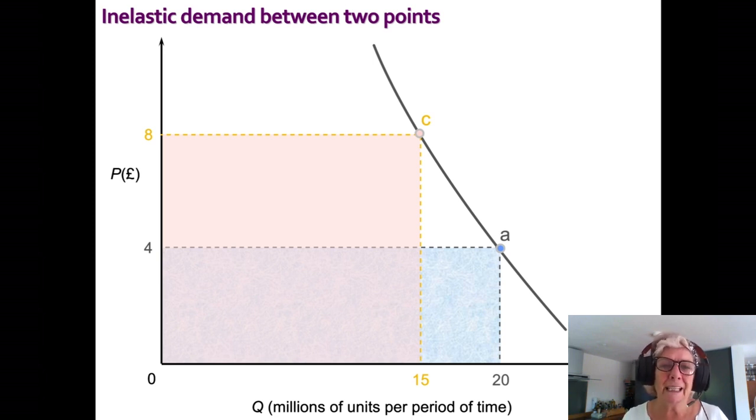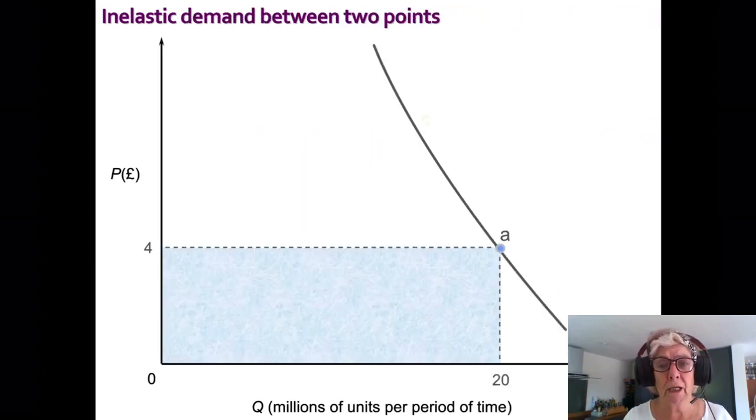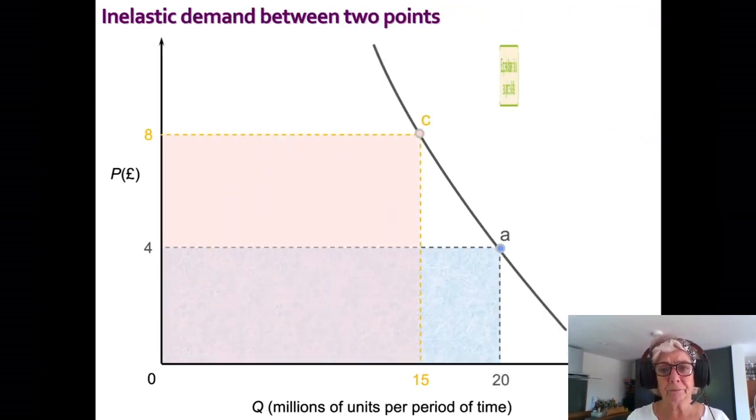But with inelastic demand we can put the price up, and this time you can see that demand has only fallen from 20 million units just a little bit down to 15 million units, whereas price has doubled. So in this case, with inelastic demand, total expenditure has risen as the price rises, and therefore the business revenue will rise as the price rises.